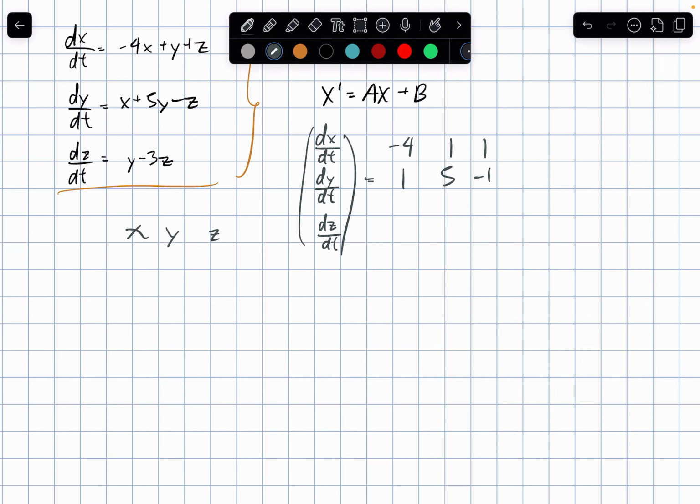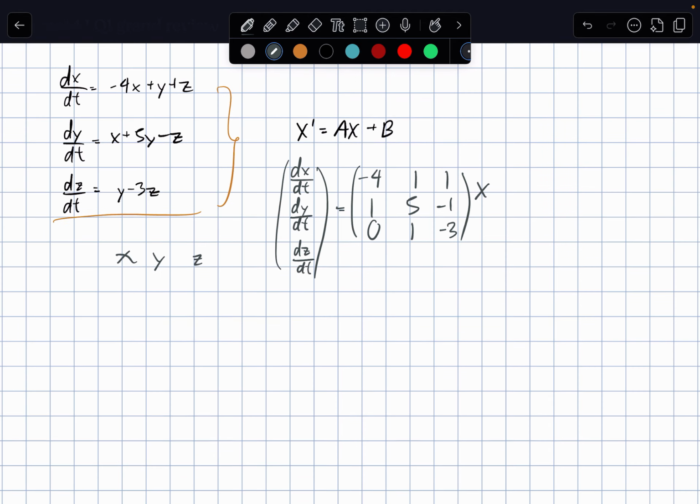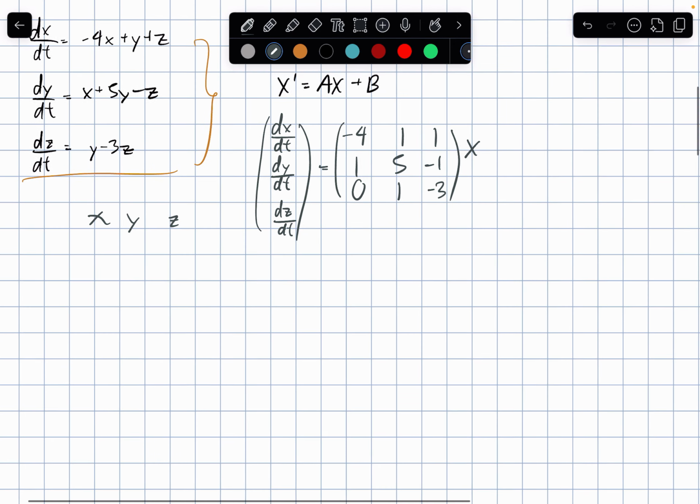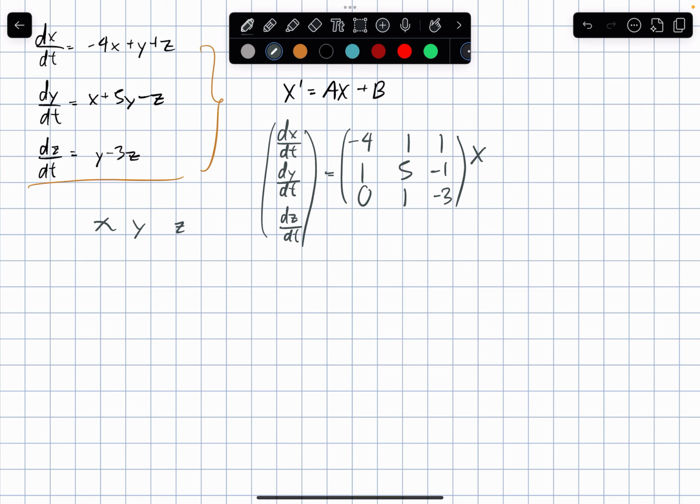Here, there is no x, so we just put 0, and then y is 1. Z is -3. So this is the matrix that we established. And then put x. As you can see, there is no constant, there are just variables. Therefore, in our case, right now it is homogeneous.